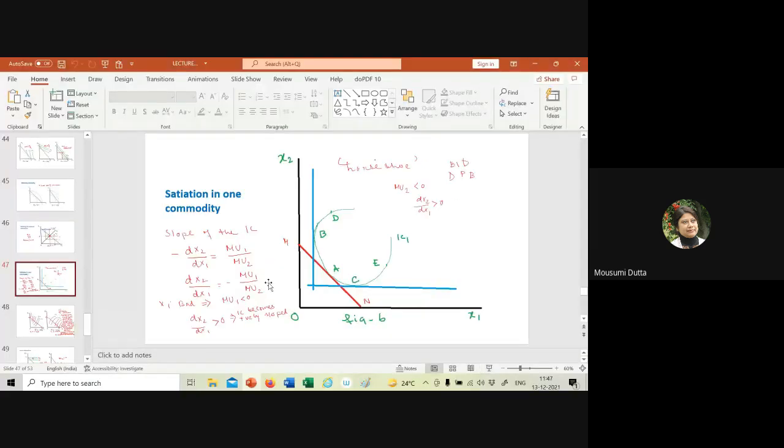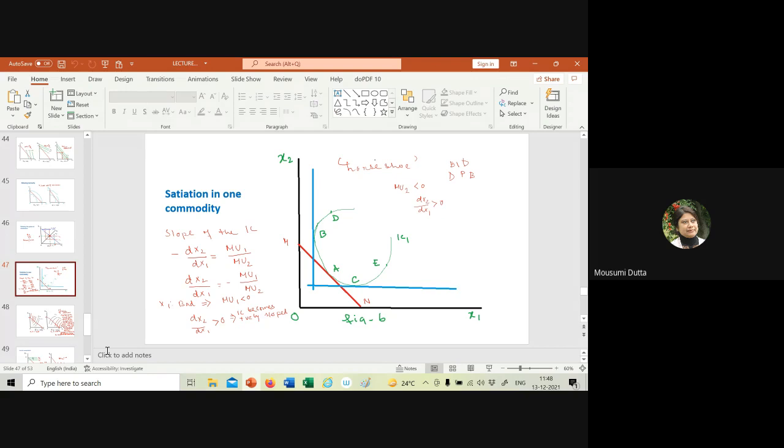Ma'am, I had a doubt. Yes, please. Ma'am, does this mean that all convex IC curves become horseshoe when we extend them? No, it's not that. There are varieties of commodities in the basket, so it's not that all convex IC curves will become horseshoe.